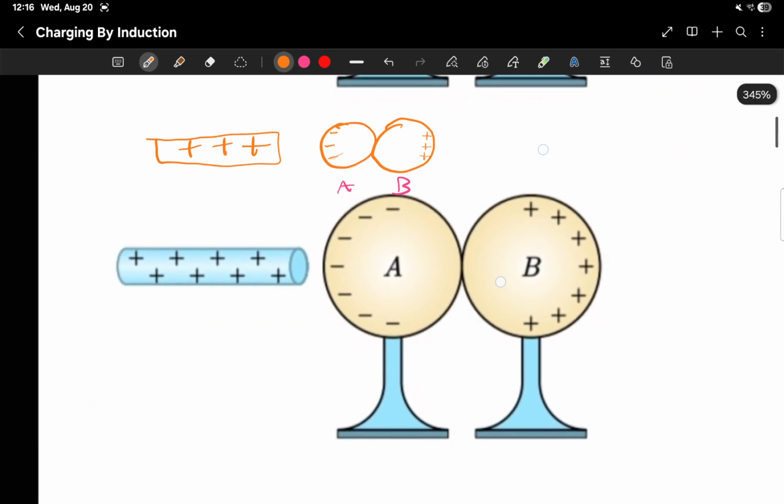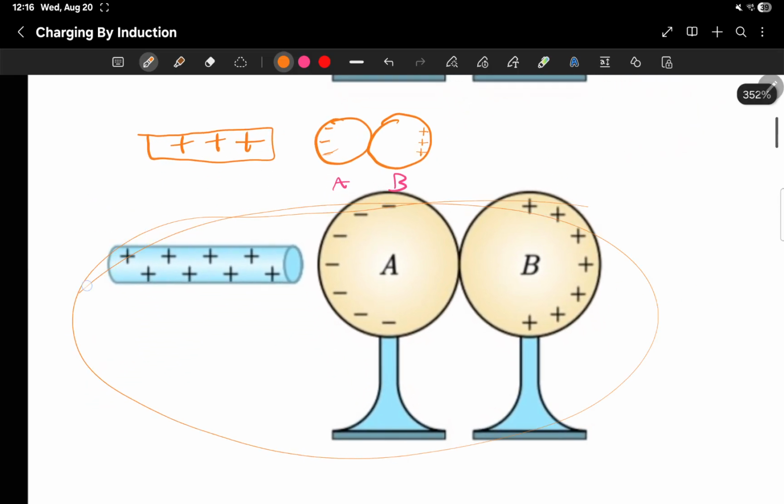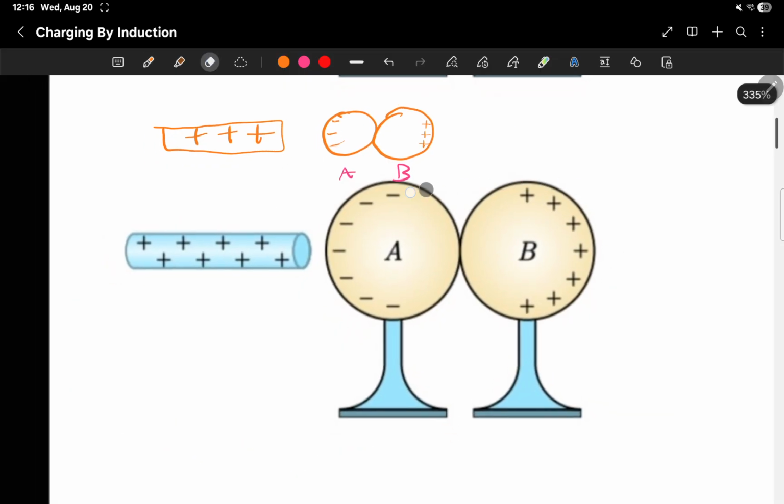So now this is kind of where we've gotten to. We've gotten to this stage here. Now the spheres are still touching, but the idea is that sphere A has only negative charges and sphere B only has positive charges.